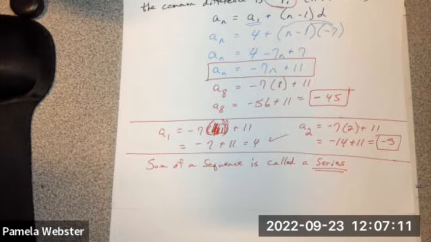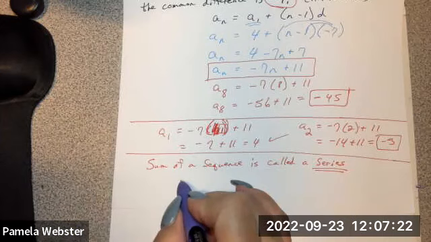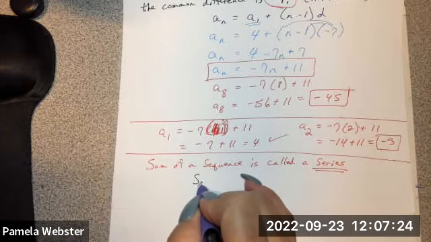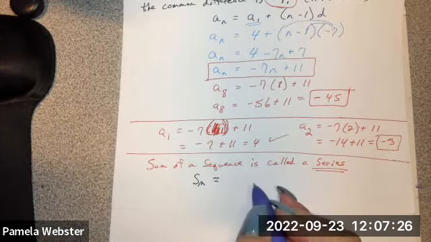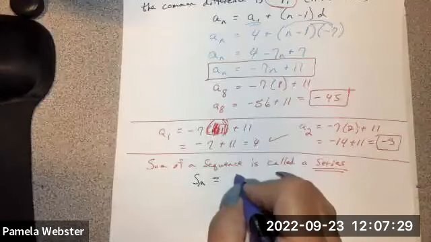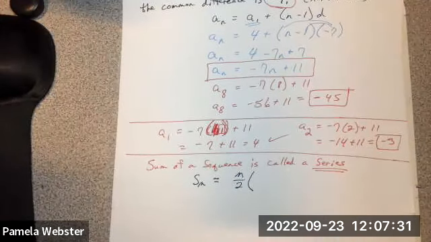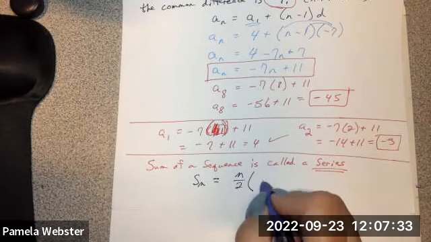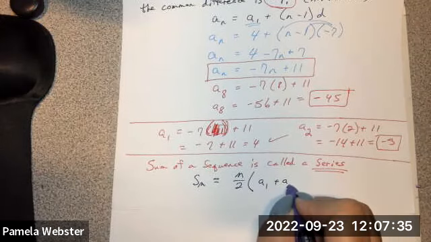So what we have is there's a summation formula, basically. The summation formula looks like this: S sub n is equal to n over 2 times a sub 1 plus a sub n.